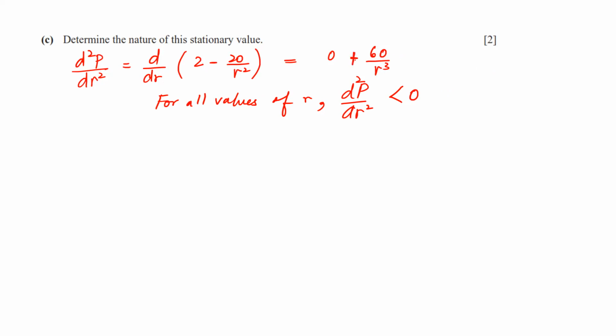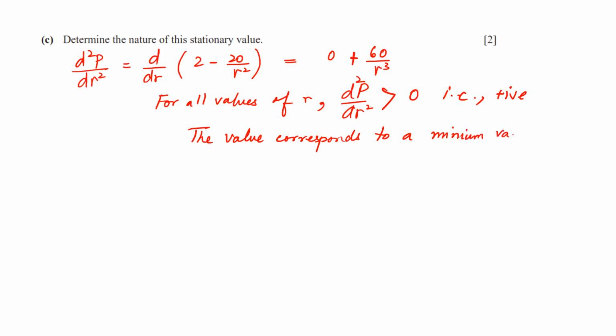No, it becomes positive, so it is greater than 0. The second derivative becomes greater than 0, positive. This corresponds to a minimum value. So this will be a minima, or a minimum value of the function.